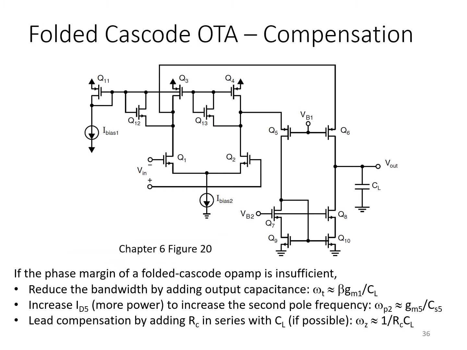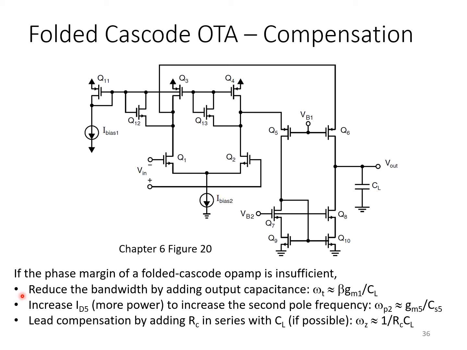So if we use the folded cascode OTA in a closed loop feedback amplifier, and we find that the phase margin of the folded cascode op-amp on its own is insufficient, because let's say the dominant pole at the output is not far enough below the second pole associated with, let's say, this node, then what would we do? Well, the first thing we can do is perform dominant pole compensation.